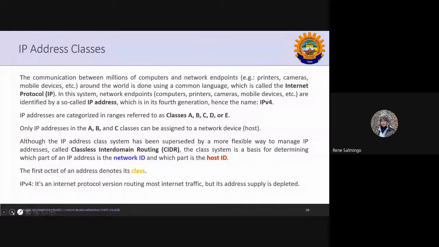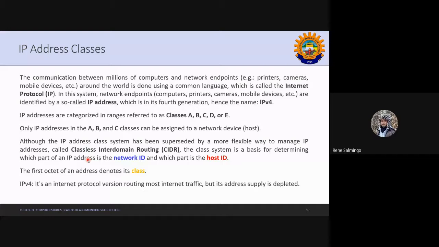The IP addresses are categorized in ranges referred to as Class A, Class B, Class C, Class D, or E. Take note, only IP addresses in A, B, C classes can be assigned to a network device. A, B, and C are used to be assigned to network devices, although the IP address class system has been superseded by a more flexible way to manage IP addresses called classless inter-domain routing.